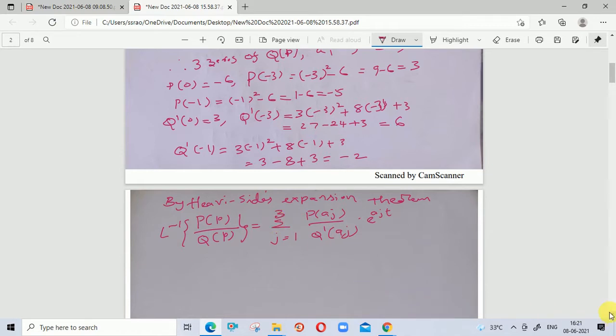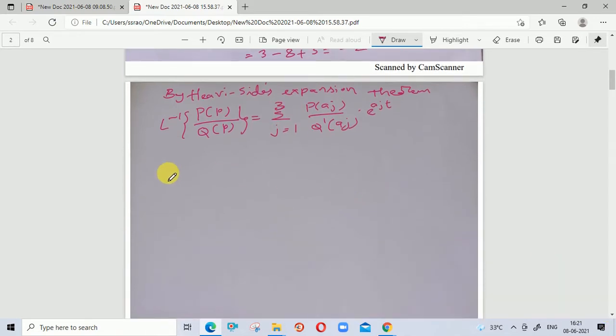So that is equal to, writing j is equal to 1, 2, 3, what happens here?